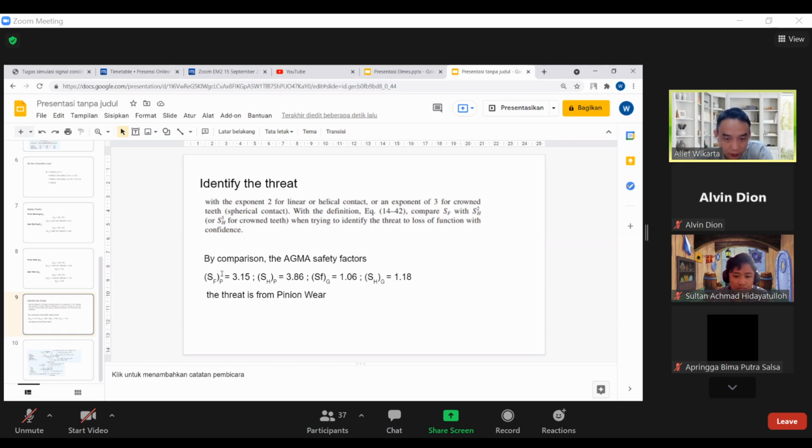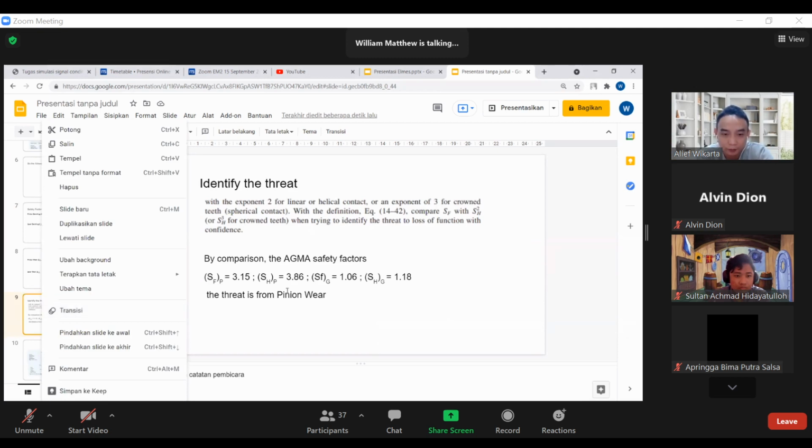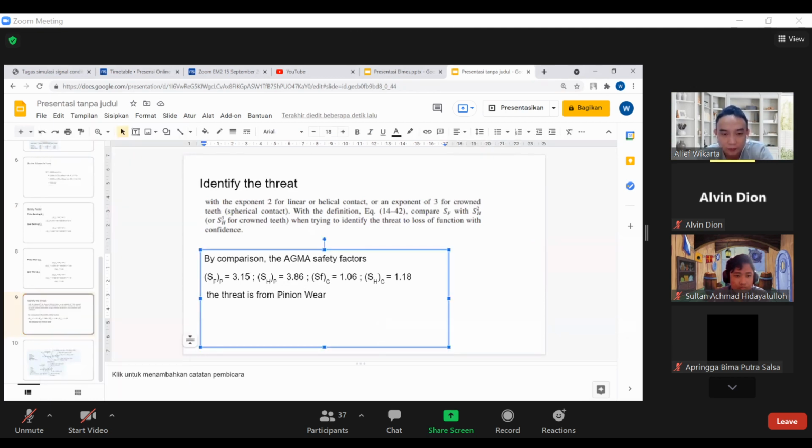The second one, 3.86, should be SFG, in my opinion, bending in gear. So this is H for P.